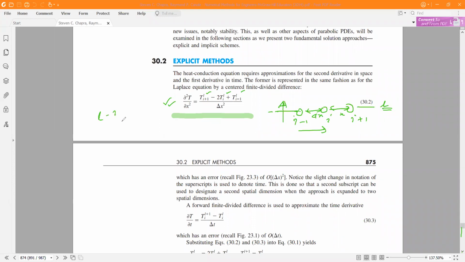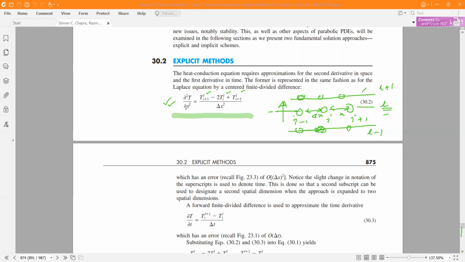That means the difference between 2 time steps will be equal to del T. If we have another grid there, this can be L plus 1, and another grid there will be L minus 1. So in this way, we have to discretize or approximate our derivative.